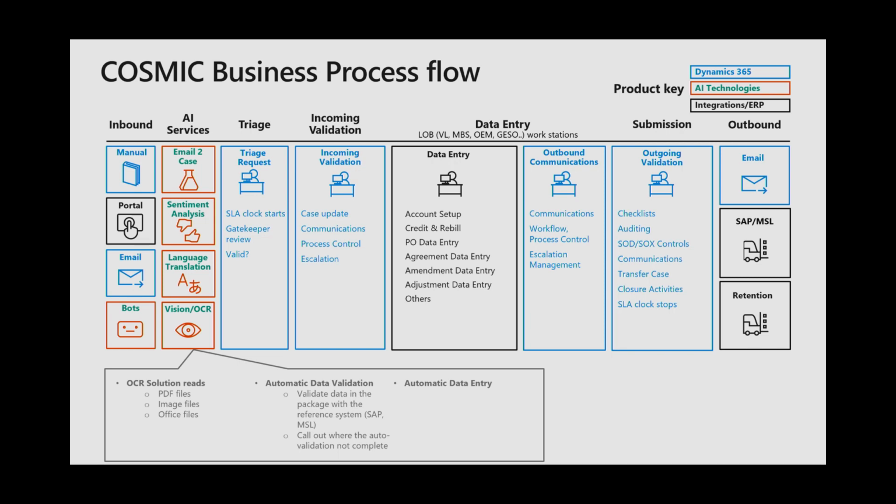Most of the incoming channels which we have through Dynamics 365, whether it's emails or portals, are supported through this scenario, wherein I can upload a document through a portal, or I can send it to a dedicated mailbox. We have services built on top of it, which will extract the content out, and then we make a call to the Vision OCR service to pull out the details from the Word document.